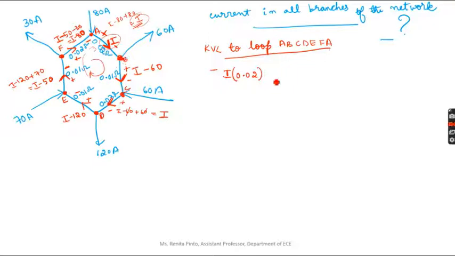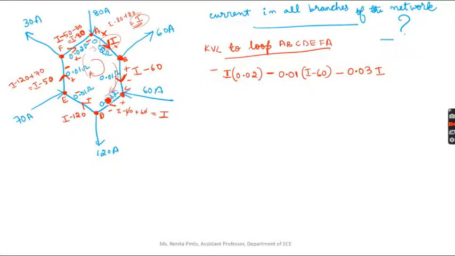The next is again minus 0.01, the resistor, times I minus 60, the current. Next, from here again you will be entering like this. Again it will be minus 0.03, the resistor, times current I.